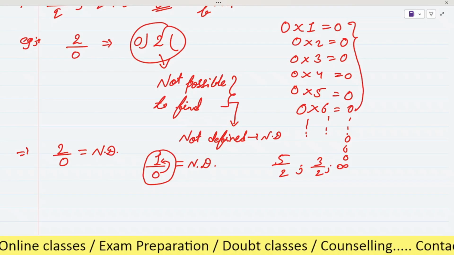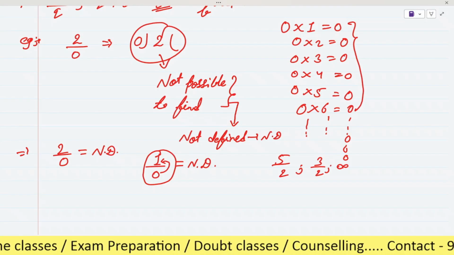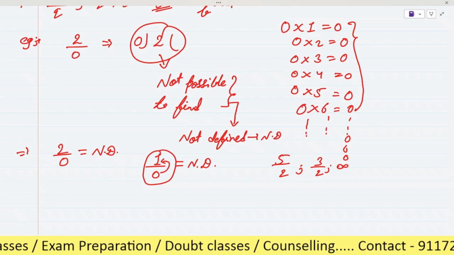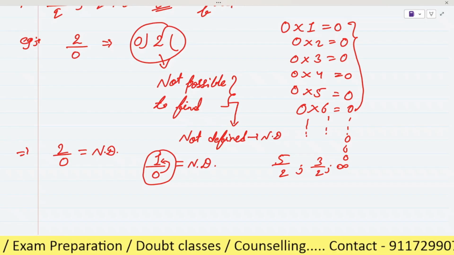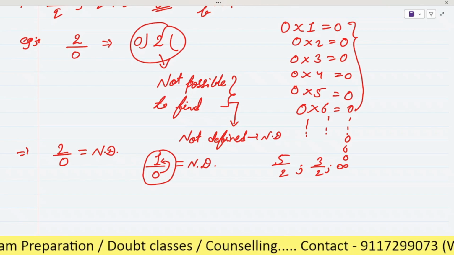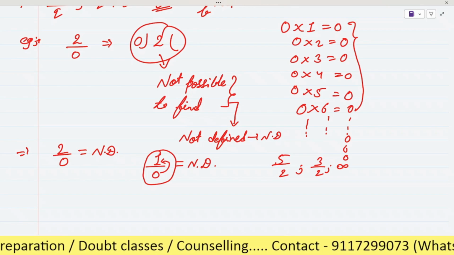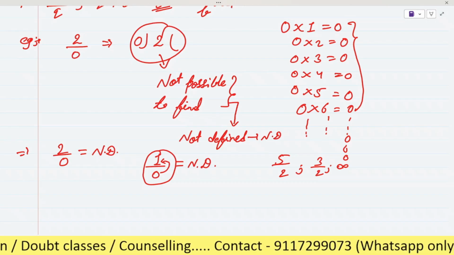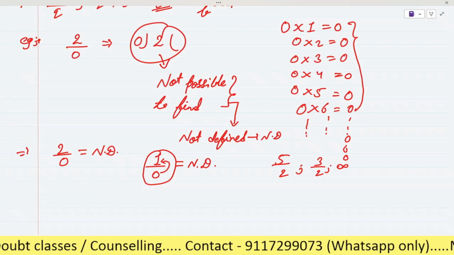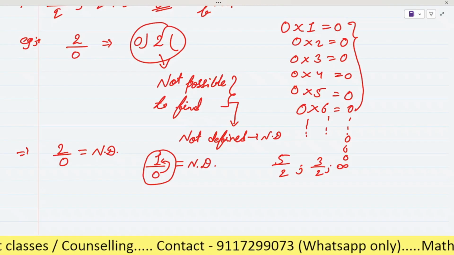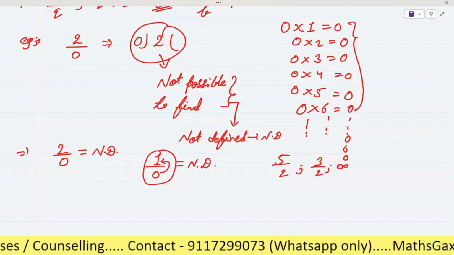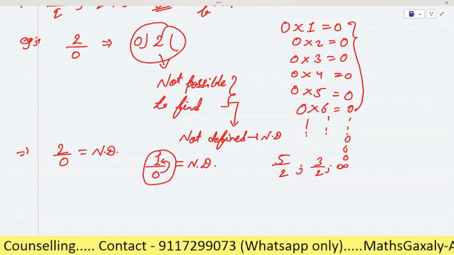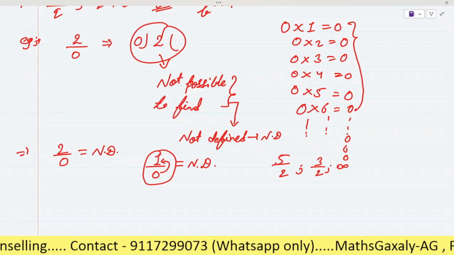Any doubt? And the thing which you told about improper fractions, we will learn when we learn the types of fraction. In types of fraction, we will learn about improper fractions and proper fractions.